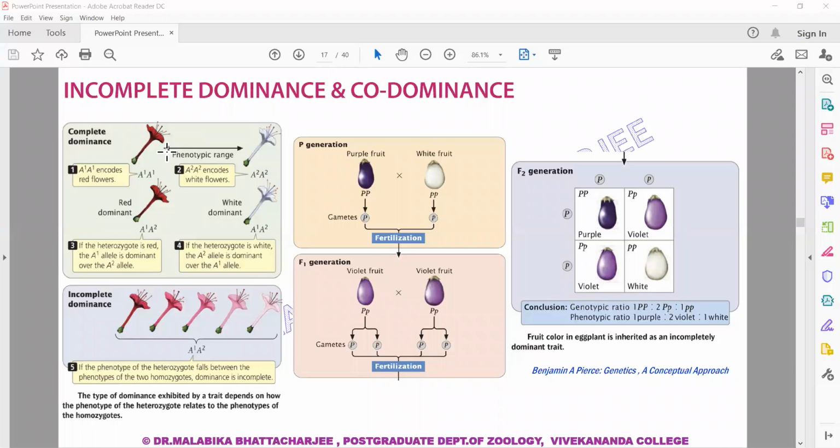Since the dominant allele is capable of totally masking the effect of the recessive allele, as you can see from this picture, epistasis is something very similar to this, but there is a point of difference. A1 is one allele, A2 is the other allele.